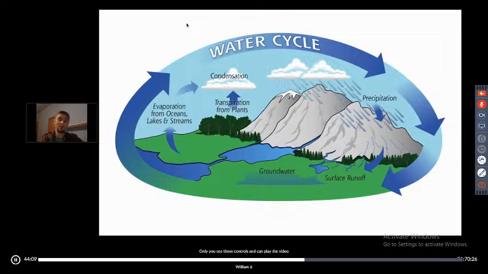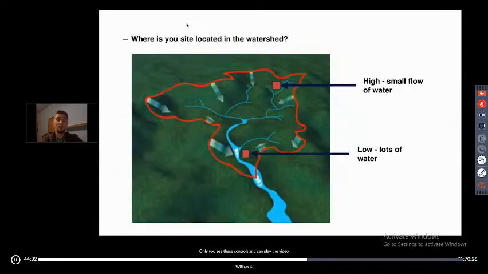So it is the availability of water, in combination with types of rocks and geography, that controls the ecosystems and the vegetation. So the first thing you need to understand is your average annual rainfall, and this is important because, with that data, and once you know where your site is located in the watershed, you'll have some idea of how much water is coming through your site.